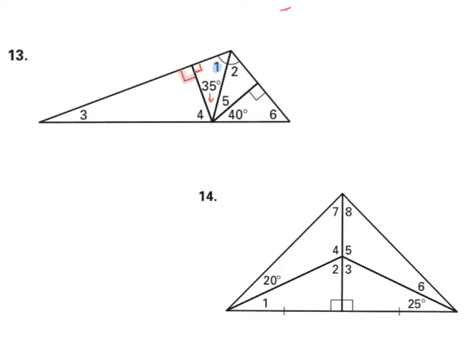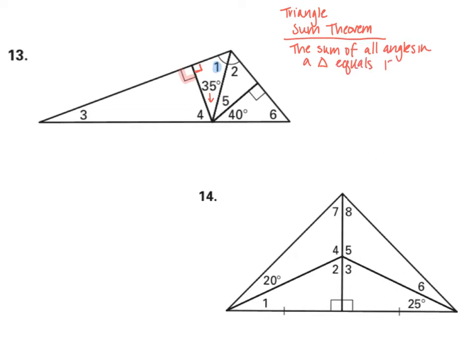And we know from our triangle sum theorem that the sum of all angles in a triangle equals 180 degrees.